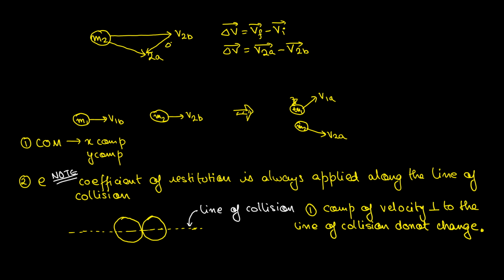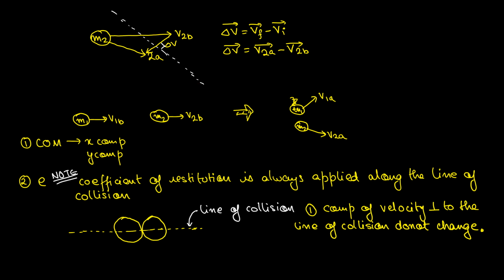Change in velocity vector. And what did I say? Component of velocity along the line of collision does not change. That means along this line, or perpendicular to this delta v, the initial component of velocity and the final component of velocity would never change.